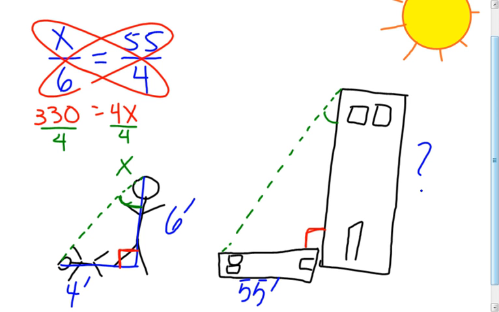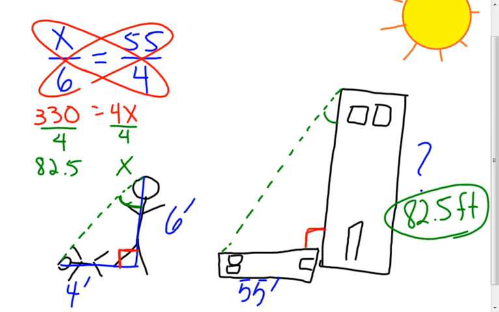We find out that x equals 82.5, which tells us then that the height of this building is 82.5 feet. I can measure that, or I can find the height of that without actually measuring it. Then that's going to conclude the example parts of the similar triangles.